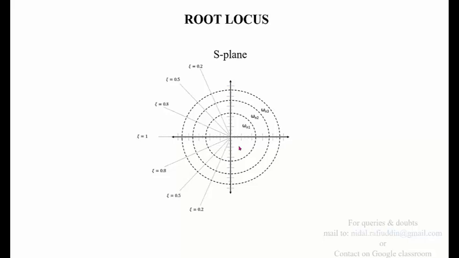So with this basic idea, we can choose a point where we think that the system roots should lie. For example, if you want to choose the system to have zeta equal to 0.5 and omega equal to, let's say, omega n3, then this is the point where the roots should be lying.